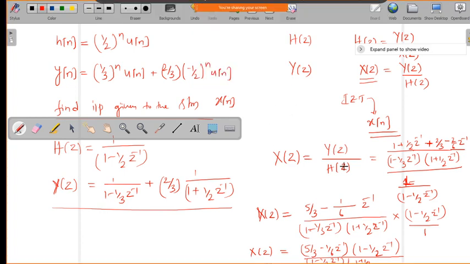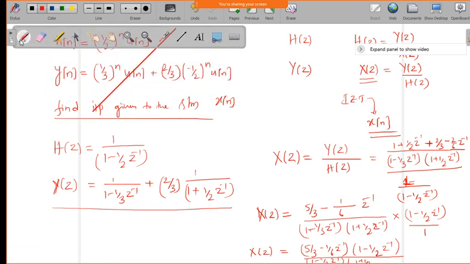Okay, so here we have taken y of z and x of z. We took x of z with respect to h of n, that is half power n into u of n. So this is your h of z, and we have taken the corresponding y of z. Now if you take the ratio, this is y of z completely and this is x of z, and we simplified and arrived at h of z.